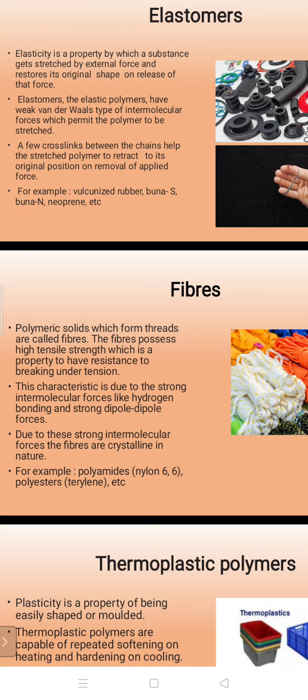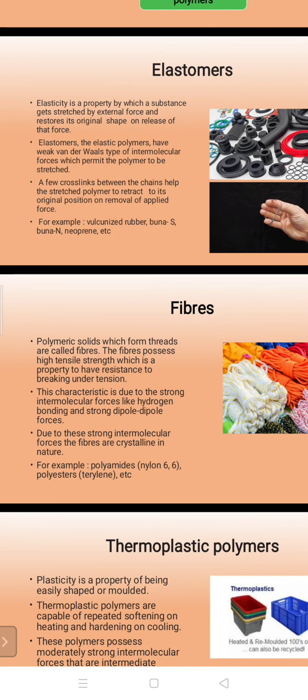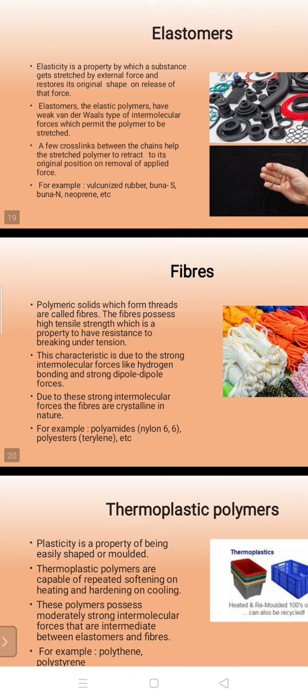Second point, we will see their characteristics. These characteristics are due to strong intermolecular forces like hydrogen bonding, and they possess strong dipole-dipole interactions. By that also we can get some fibers.